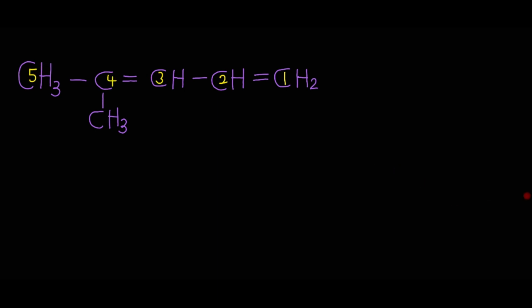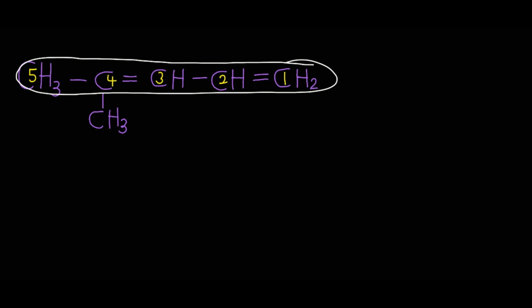So this is our chain, and this is our branch. So now let's name. As usual, we say the substituent and then the root and then the suffix.